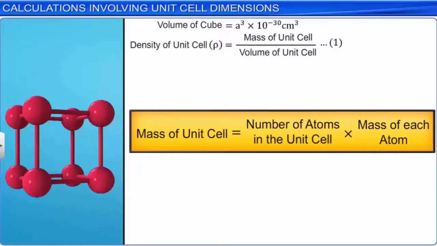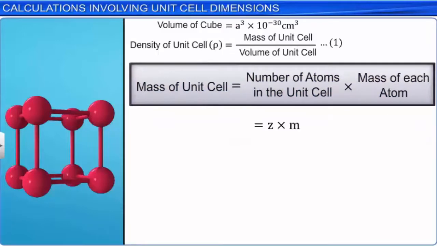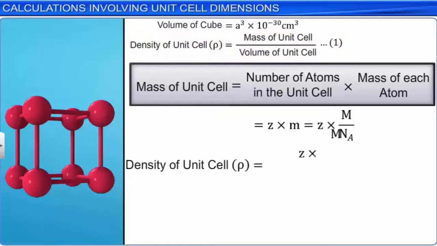That is, Z into M, where M is equal to atomic mass by Avogadro's number. Substituting the values in equation 1, we get rho is equal to Z into M divided by A cube into 10 to the power minus 30 into Avogadro's number grams per centimeter cube.